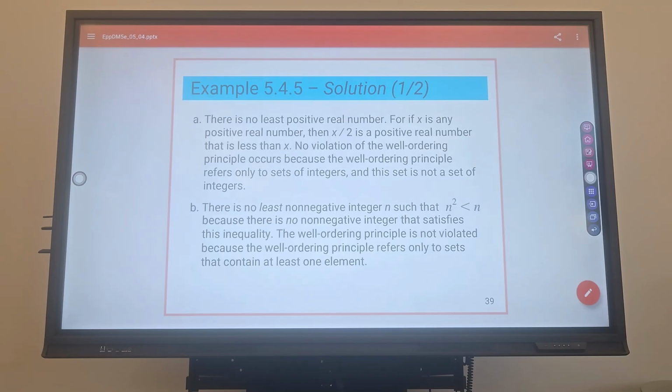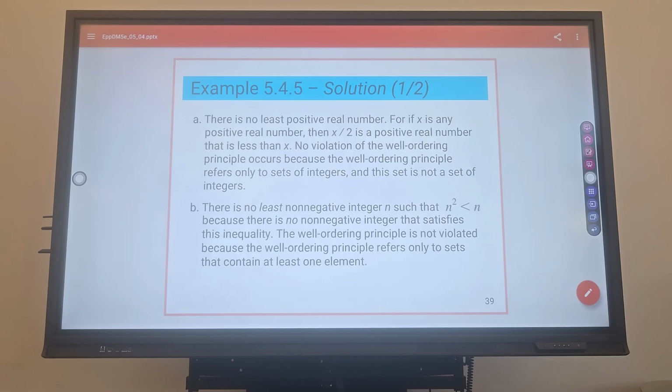Well, there is no least positive real number. For any x, if x is any positive real number, then x divided by 2 is a positive real number, and that is less than x. No violation of the well-ordering principle occurs because the well-ordering principle refers only to sets of integers.